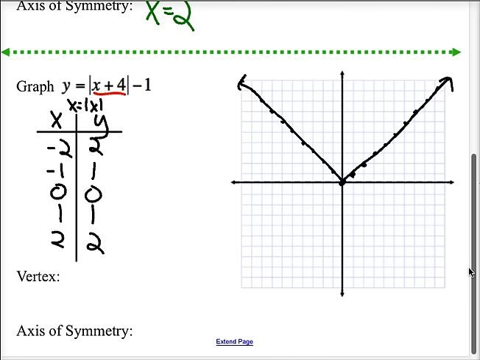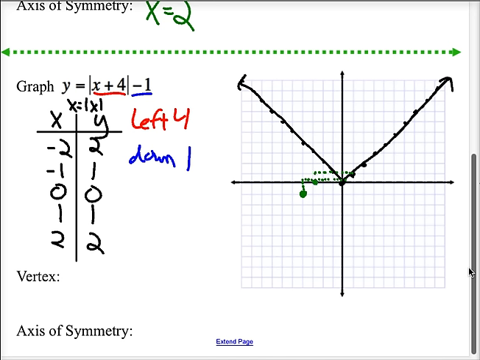Well, here I see it's being shifted left 4. Again, horizontal works opposite of what you'd expect. And then down 1. So now I'm going to perform those transformations. So left 4, 1, 2, 3, 4, down 1, puts my vertex right there.